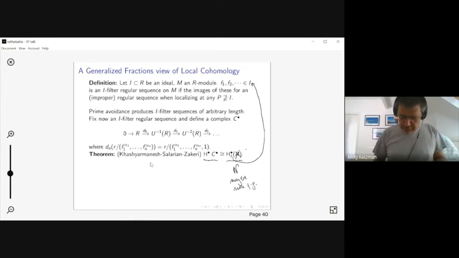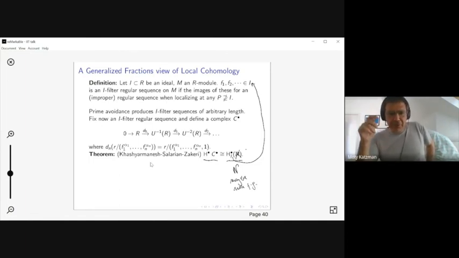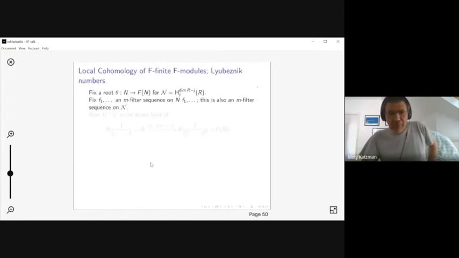Okay, so this is truly magical. This is what we're going to have to use in what we're going to be doing next. So I want to use this magical theorem by Hashimoto, Nesh, Salarian and Zachary to compute something.